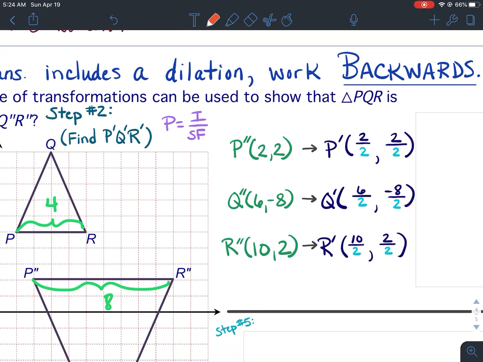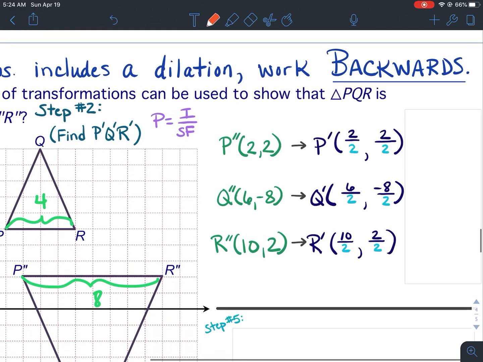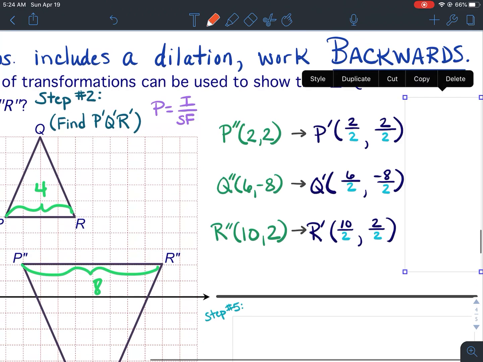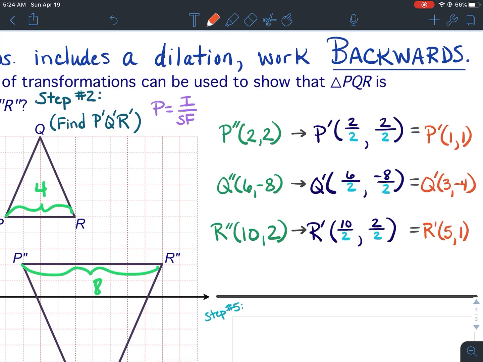Because we're working backwards, we divide. So I divide to find P prime, Q prime, R prime. When you do that, we get that P prime is at (1, 1), Q prime is at (3, -4), and R prime is at (5, 1). So go ahead, pause your video, and get all of step 2 written down.